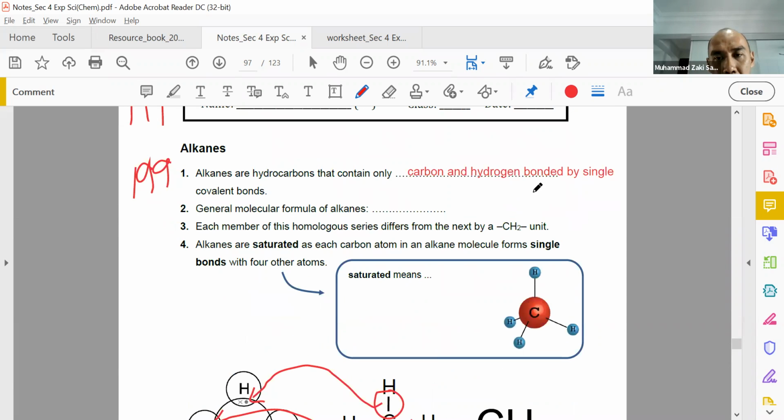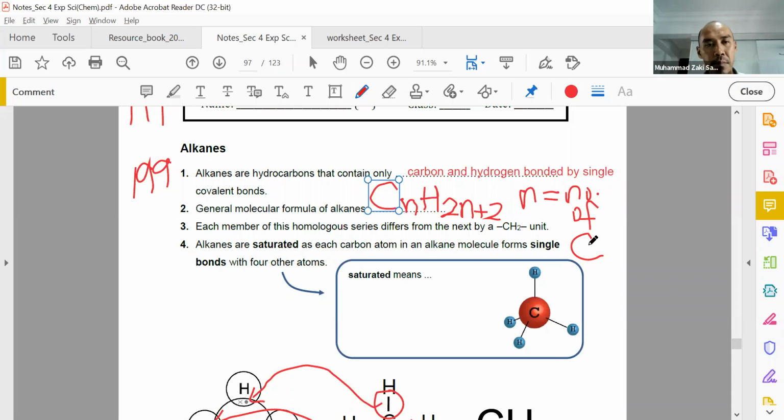It has carbon and hydrogen with single bonds, and the general formula is CnH2n+2, where n equals the number of carbon. Any questions? No questions.